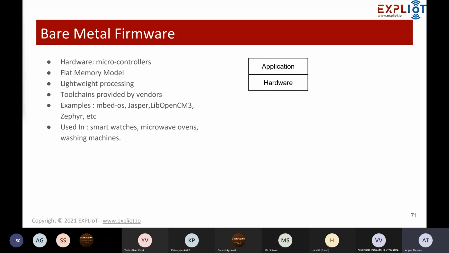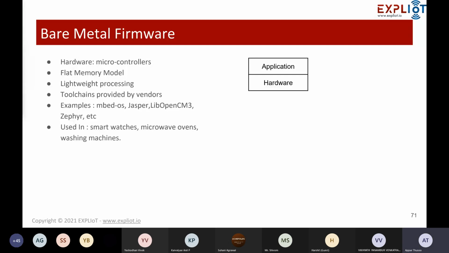It is a lightweight implementation of firmware, specific to and targeted towards low computational applications.